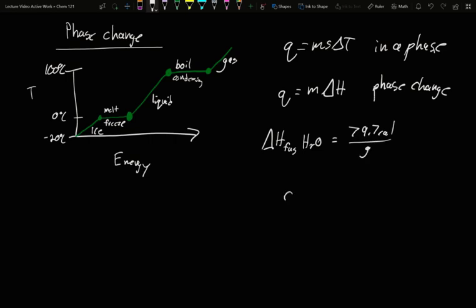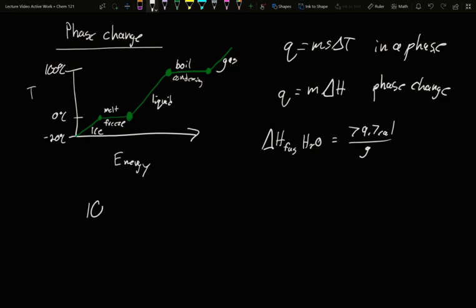So when we thought about a solid nicely arranged, and we wanted to break some of it free and let it start rolling around, to do that, we have to put in energy to get that moving. That is the energy of fusion. That requires 79.7 calories per gram of water to get them freely moving around.